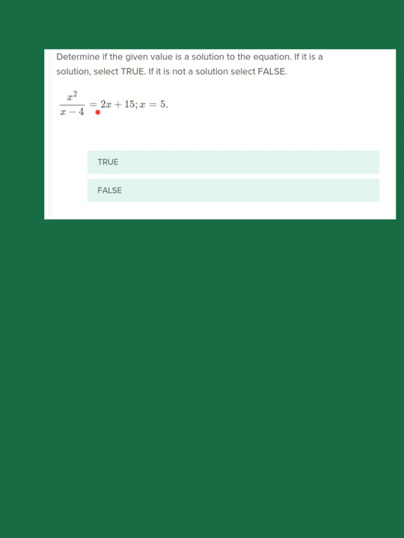It has an equal sign. And what they're asking us to do is evaluate this equation for the value x equal 5. And what that means is we're going to put 5 in place of x, and we're going to simplify or evaluate this equation to see if both sides equal the same number.